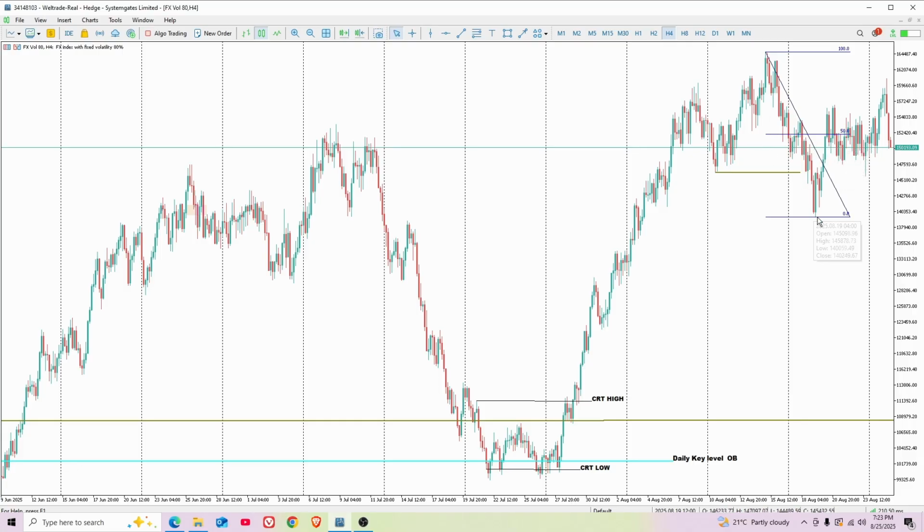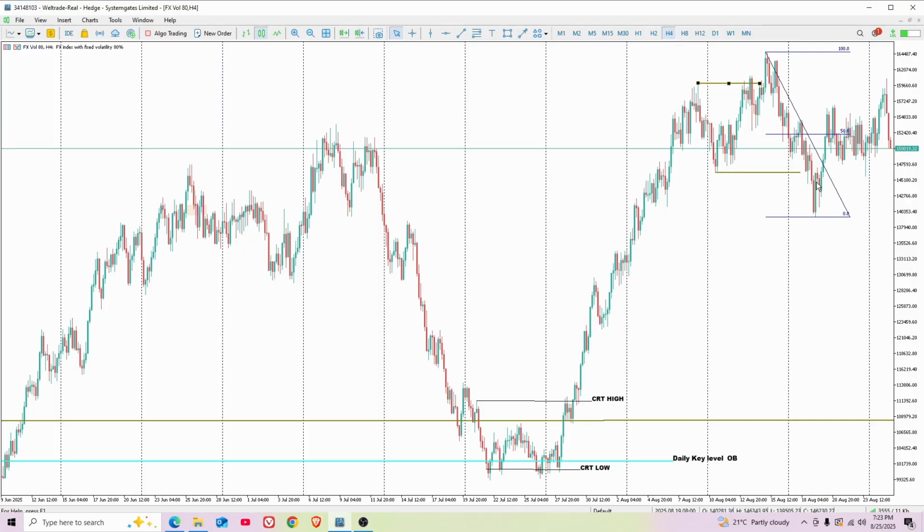What then happened was the market took out this high over here and came back and took out this low, meaning we were bullish. Now we have turned bearish on the 4-hour chart.